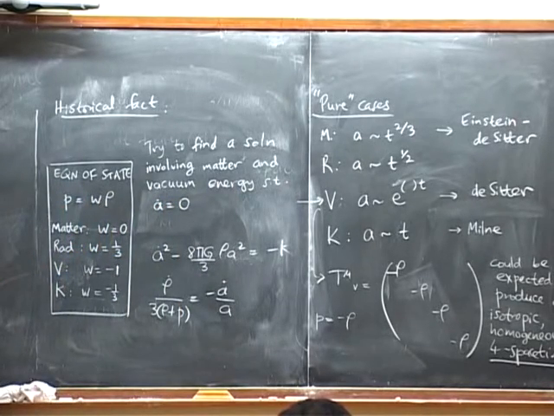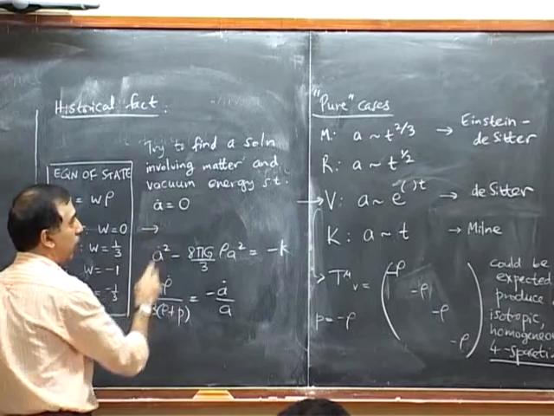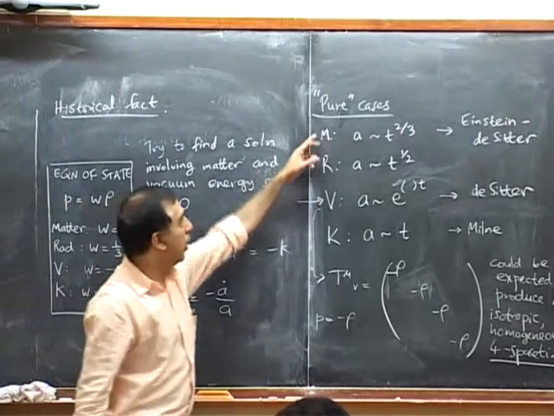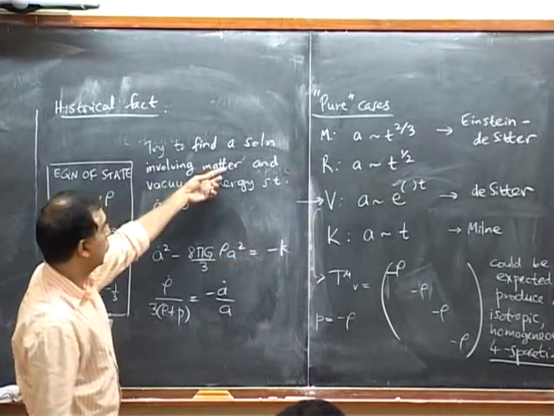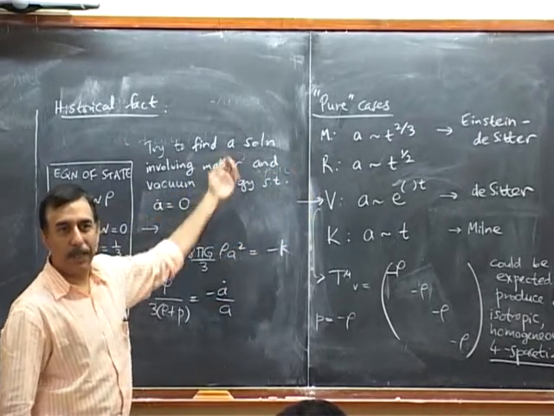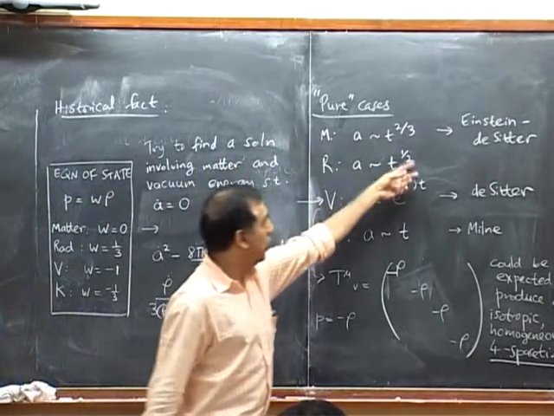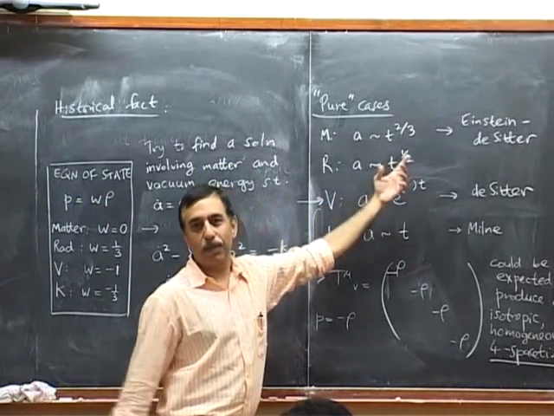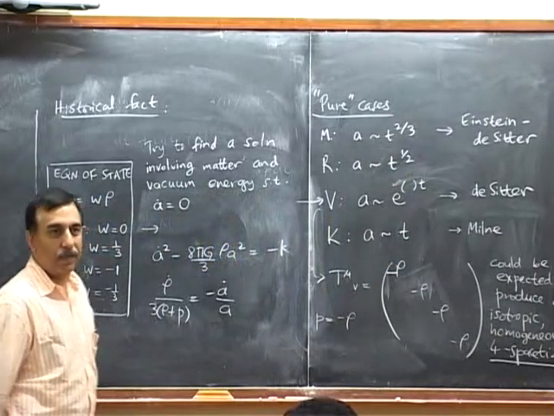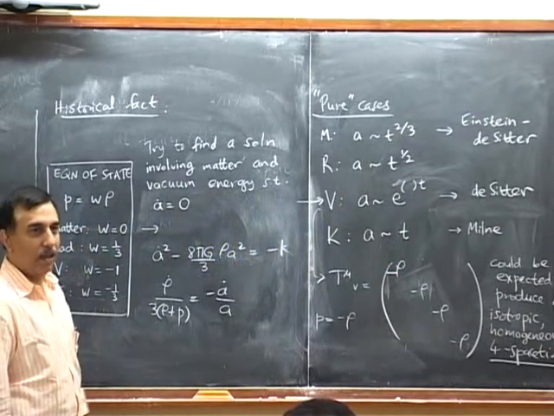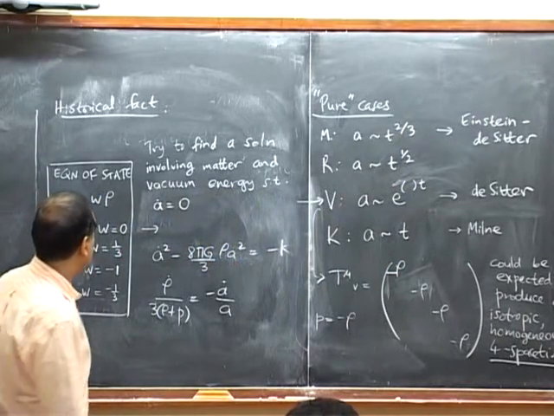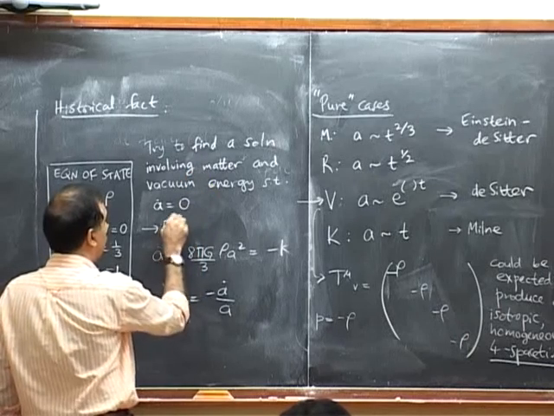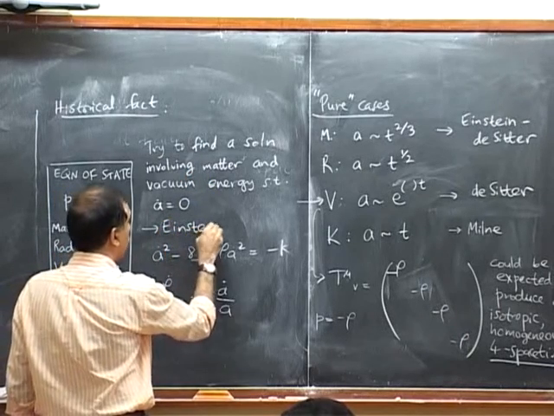And the result has a name. If you take the minimal possibility, which is only matter and vacuum energy, you could also otherwise throw in radiation. It wouldn't change much, I think. These powers are, experimentally, important, but conceptually both are expanding at some power of t between 0 and 1. It's not such a big change. Anyway, this combination is called the Einstein static universe.